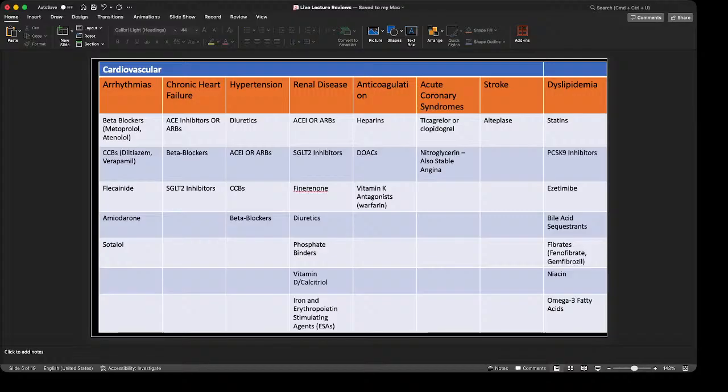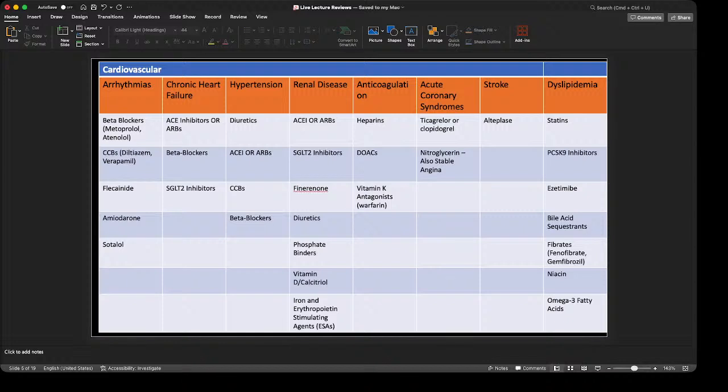So understand that, and know the difference between that and the dihydropyridine calcium channel blockers. You wouldn't give a non-dihydropyridine calcium channel blocker to someone having chronic heart failure, but you could give a dihydropyridine calcium channel blocker, especially to those who have high blood pressure. Those are things you might want to understand.